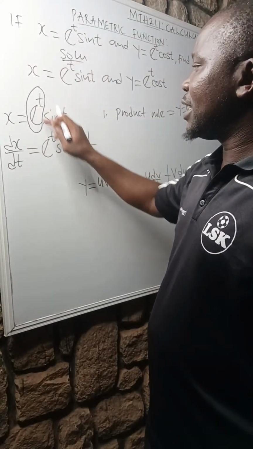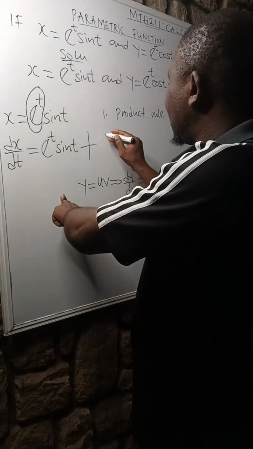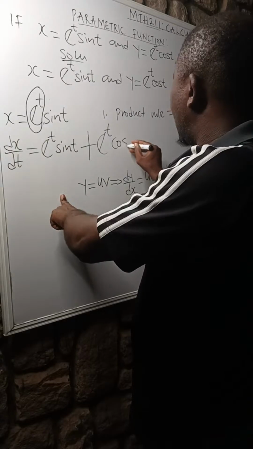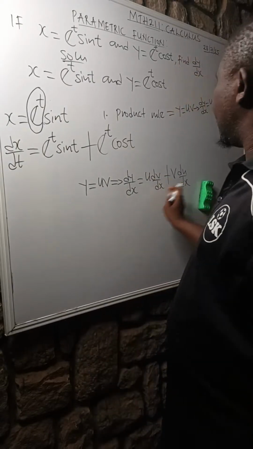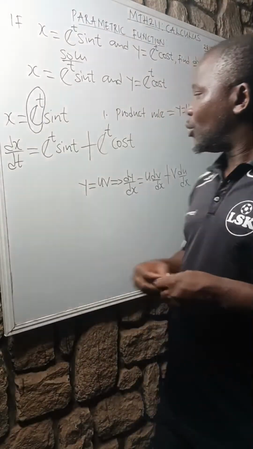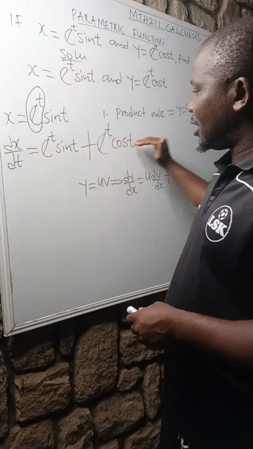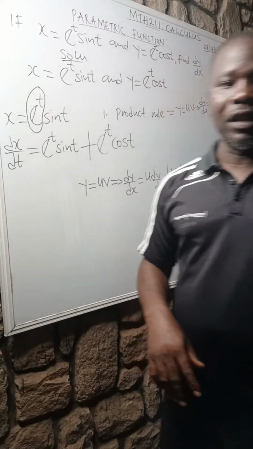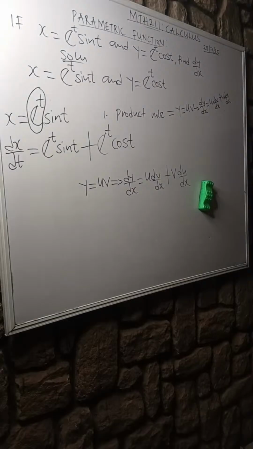So exponential t times cos t. We are going to write exponential t times cos t. Can you see? We have gotten our product rule without just differentiating it directly. Is that clear? Do you have any question? Any question?